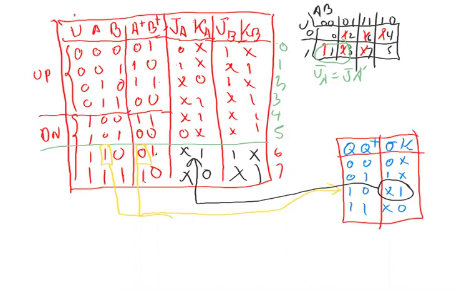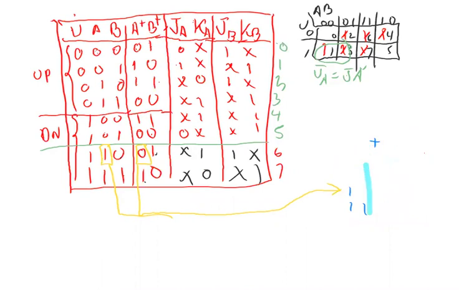And now I got to do the same thing for my K, right? K is going to come out to some other number. We don't know what it is yet. So let's see if we can get that. So this will be another K-map.